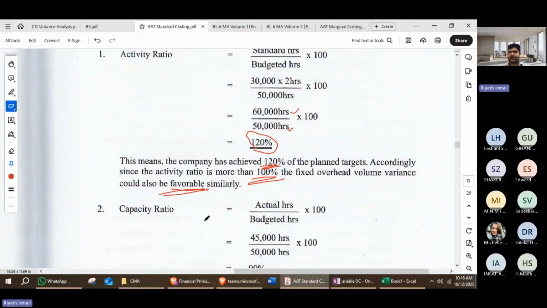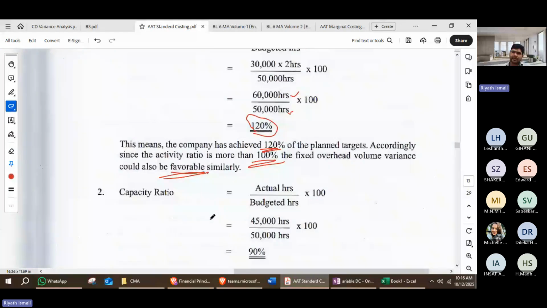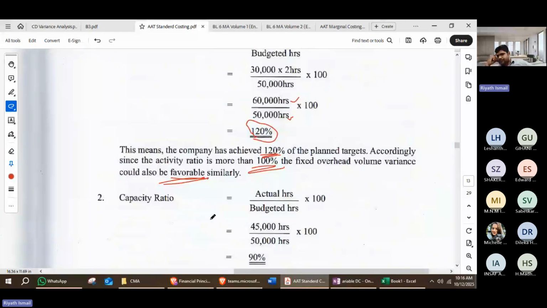Capacity ratio: adverse or favorable? Adverse.